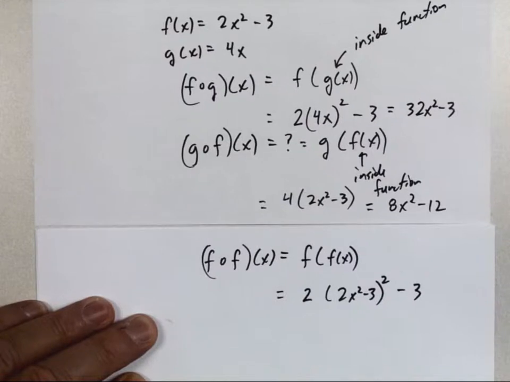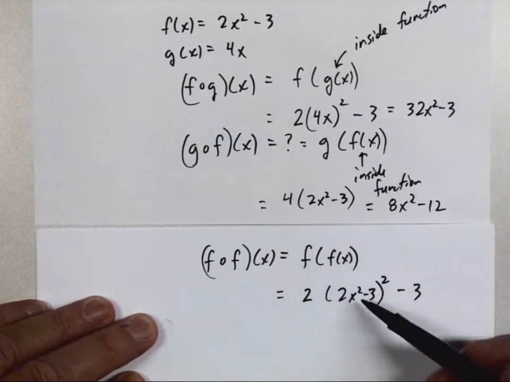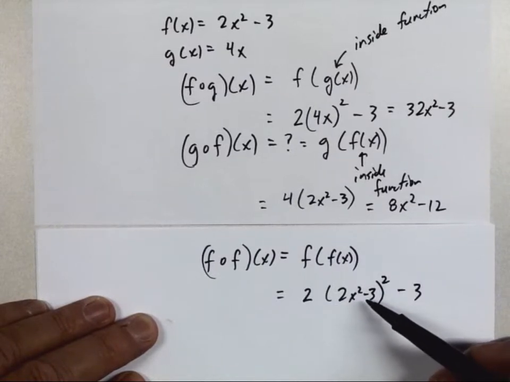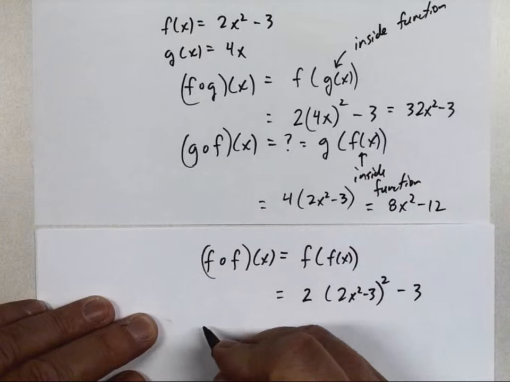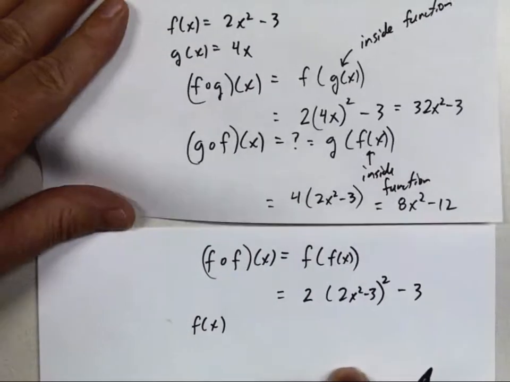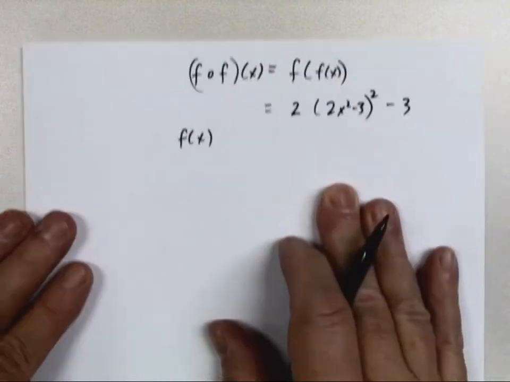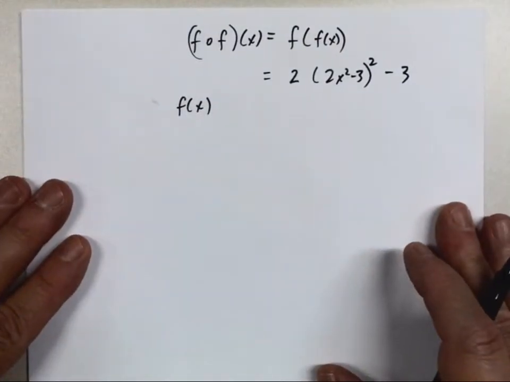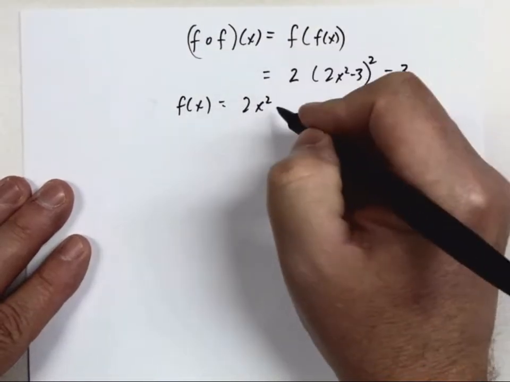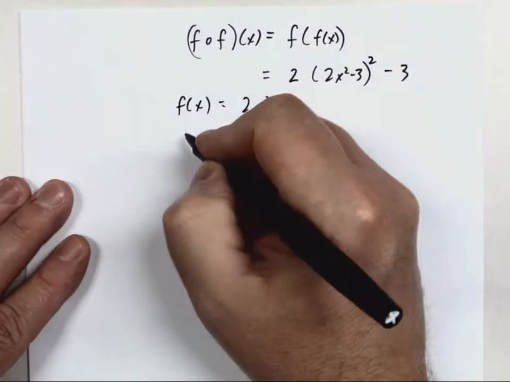Now what they'll do sometimes is, sometimes they'll give you a problem where they just want to have the new function in terms of x, but sometimes, let me rewrite my two functions here. So we said f of x equals 2x squared minus 3.